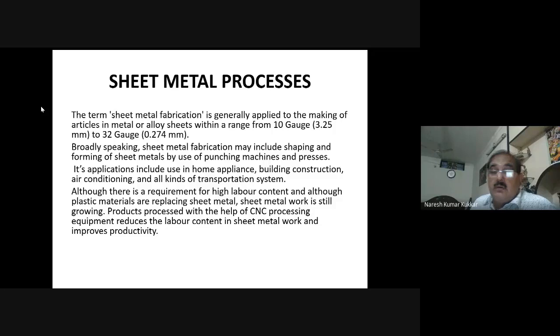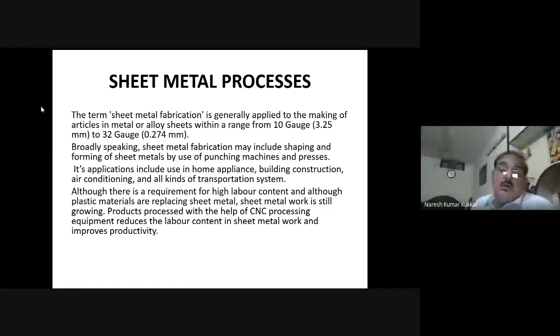So processing is done on the sheet by presses and by punching machines to create holes, making presses in different shapes. Its applications include home appliances, building construction, air conditioning, and all kinds of transportation systems.